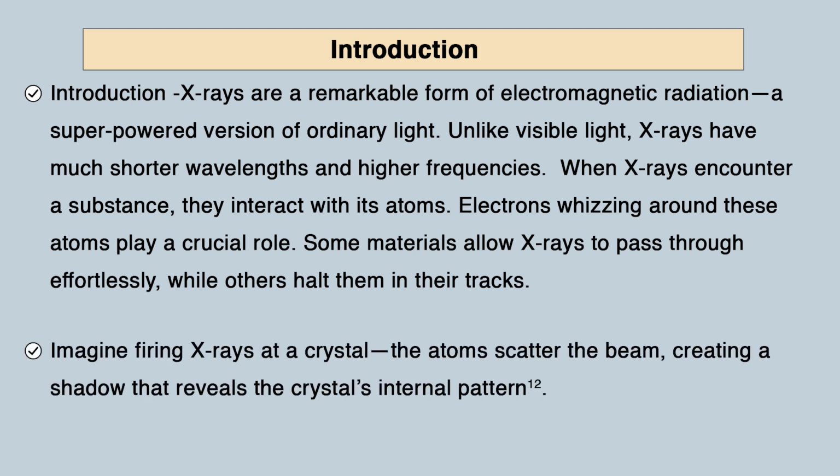Imagine firing X-rays at a crystal. The atoms scatter the beam, creating a shadow that reveals the crystal's internal pattern. They help us peer inside the body, study materials, and unlock hidden matter. While we can't see through skin like X-rays do, we can certainly appreciate their incredible impact.